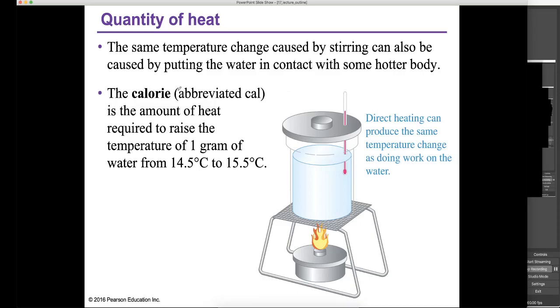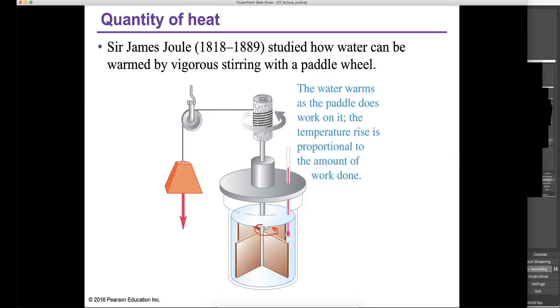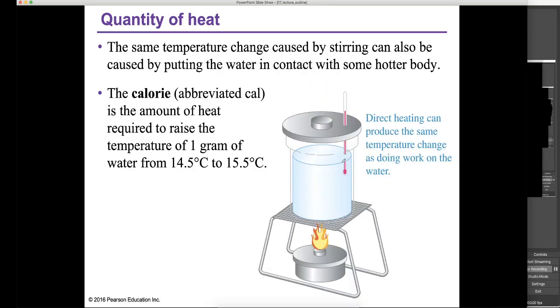So these are the two ways to increase the temperature of water. The first way is doing some work on the water. The second way is just putting the water in contact with some hotter body. Because when the water is in contact with the hotter body, some heat is transferred from the hotter body to the water. This is the definition of heat.